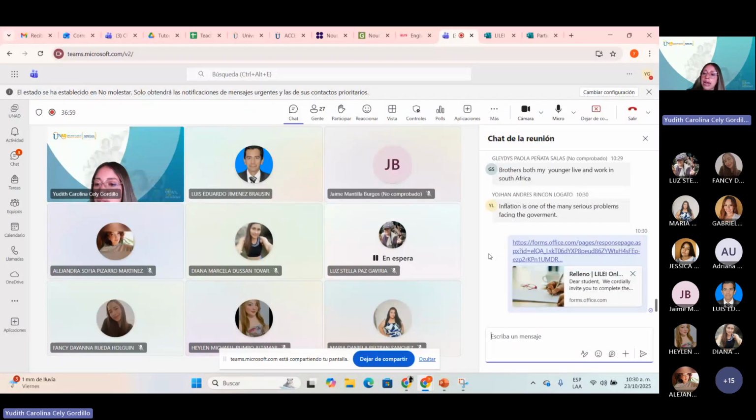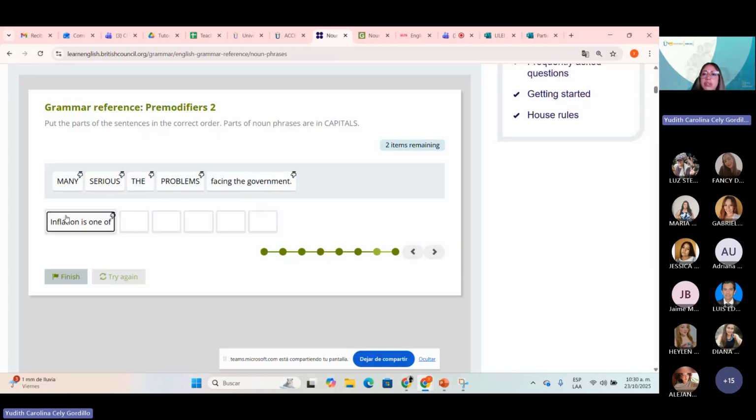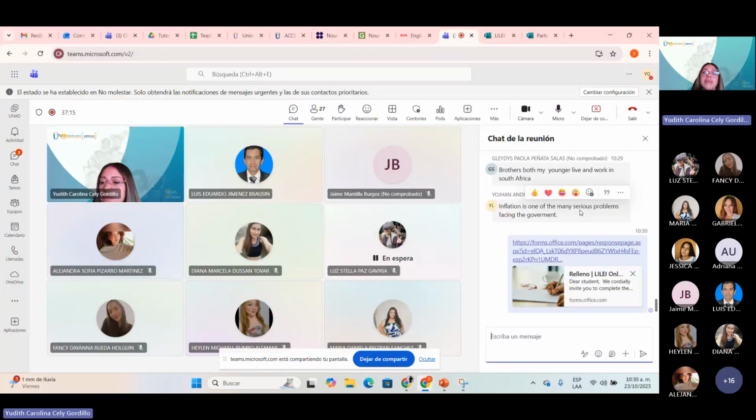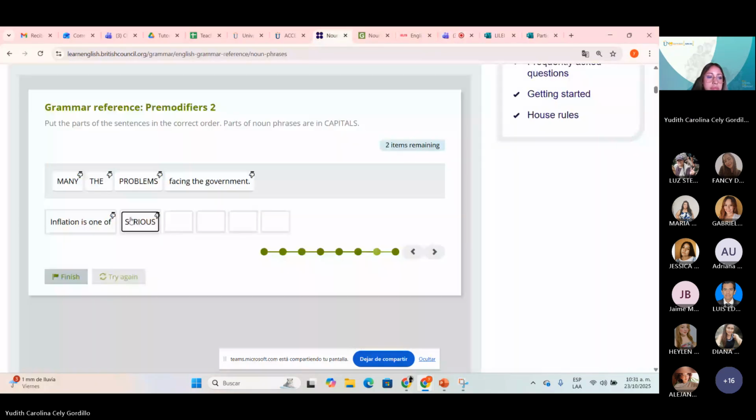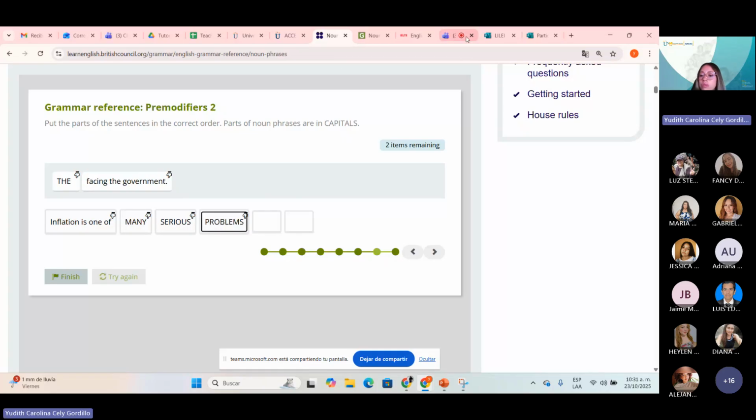Okay, that's right, Johan. Inflation is one of the many serious problems facing the government. That is about it. Inflation is one of the many serious problems. One of the many serious problems. That's right, Maria. That's right.